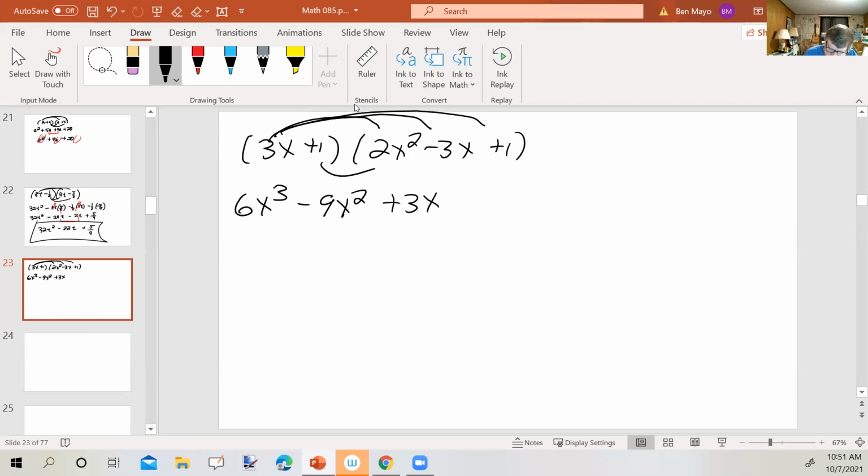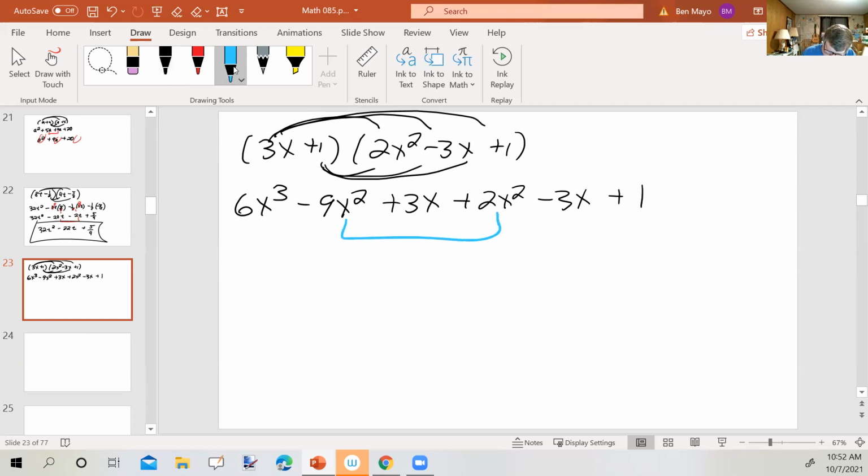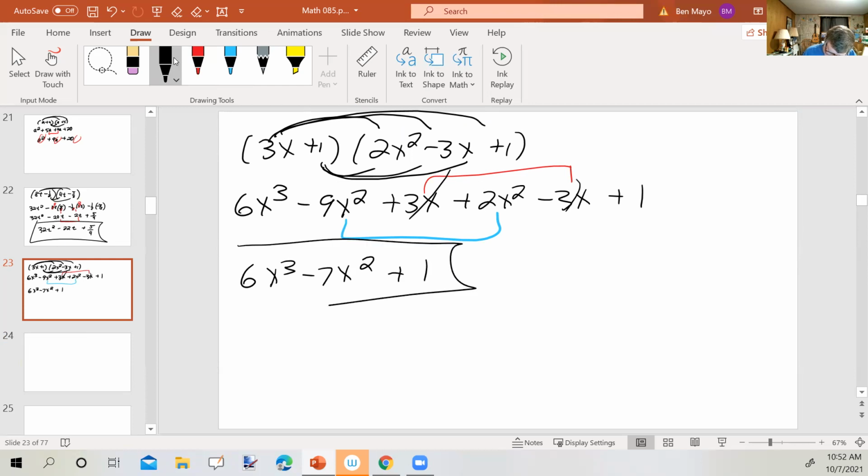Then plus 1 times 2x squared is plus 2x squared. Plus 1 times minus 3x is minus 3x. And plus 1 times plus 1 is plus 1. Combining like terms, those are like terms, and those are like terms. So we get 6x cubed minus 7x squared. Those cancel, and then plus 1.